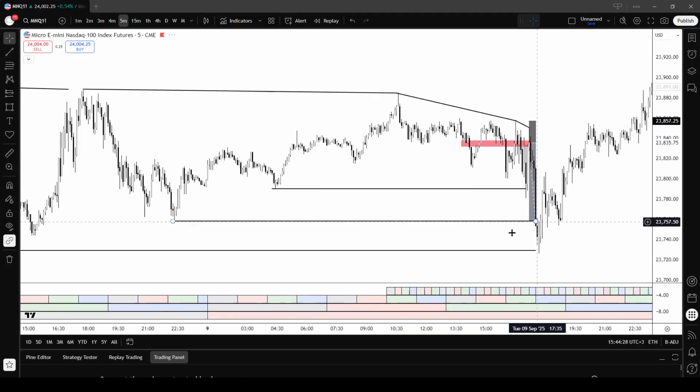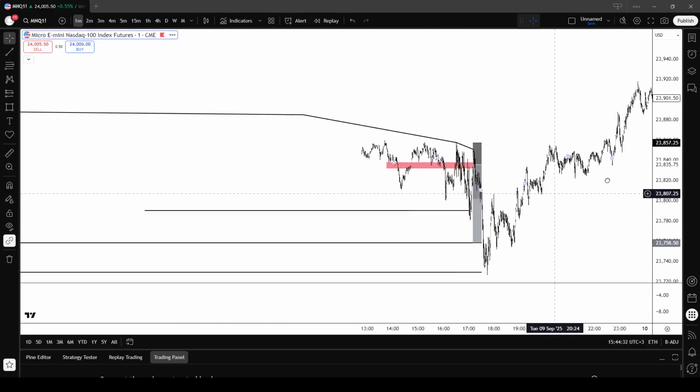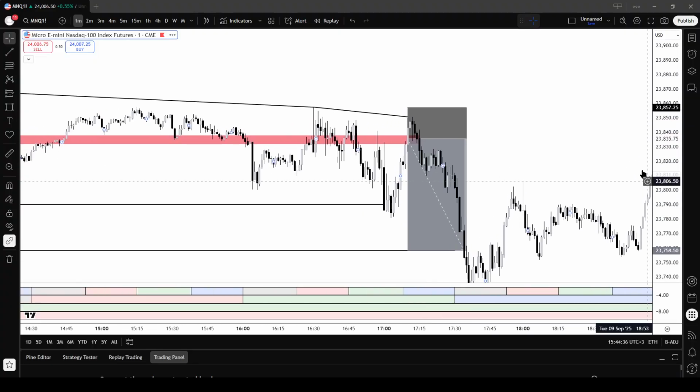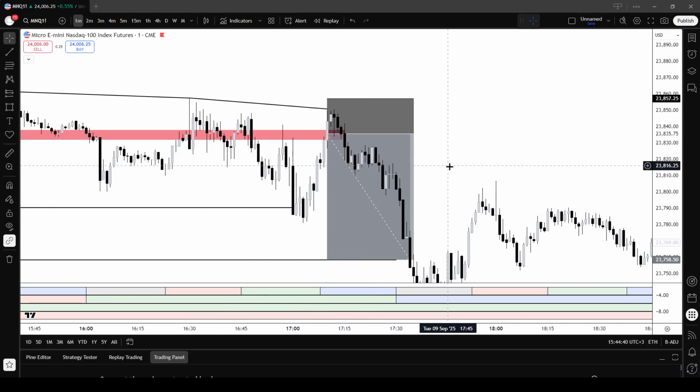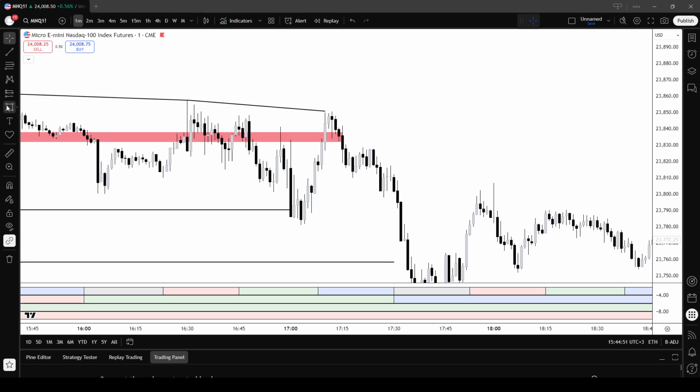I think one of my friends got an entry based off the 1-minute. He entered from this gap, as you can see here. He got a better RR. No, wait, not this gap, sorry.